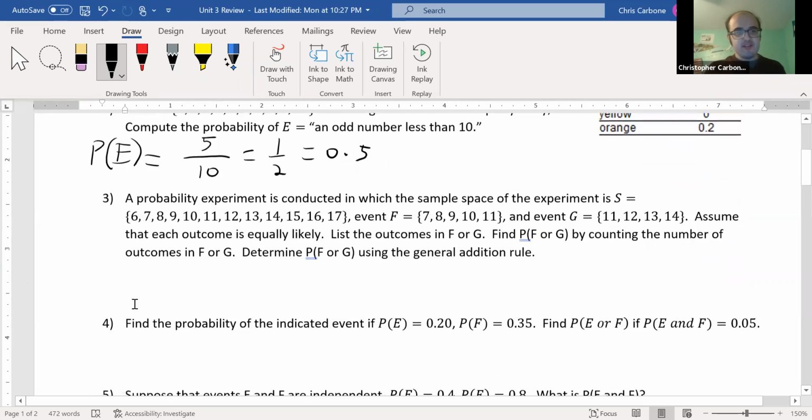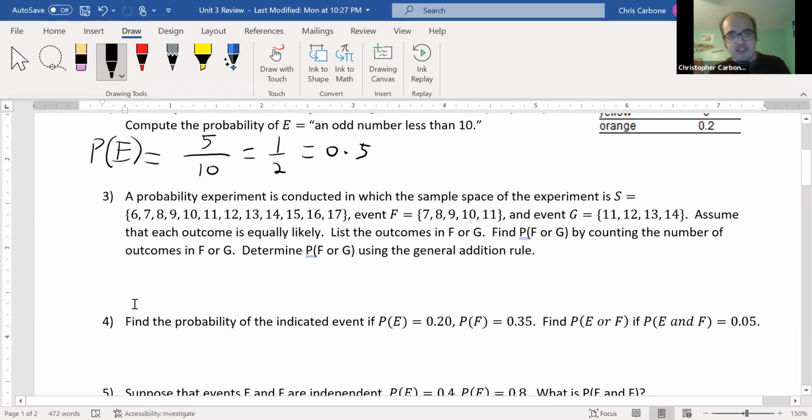Question number 3 here. A probability experiment is conducted in which the sample space of the experiment is S equal to the numbers 6 through 17. Event F is the numbers 7 through 11, and G is 11 through 14. Assuming that each outcome is equally likely, we want the outcomes in F or G. So that's listing all the numbers in F, listing all the numbers in G, and not having any repetition.